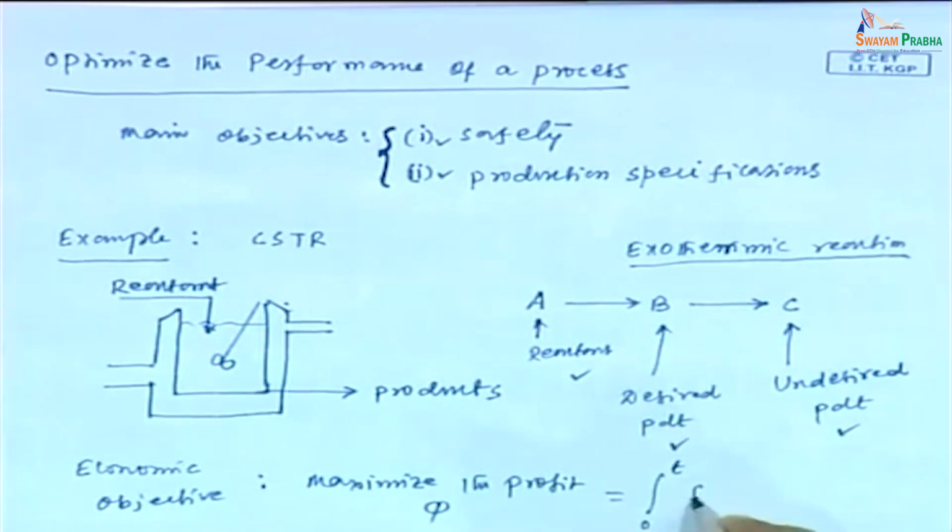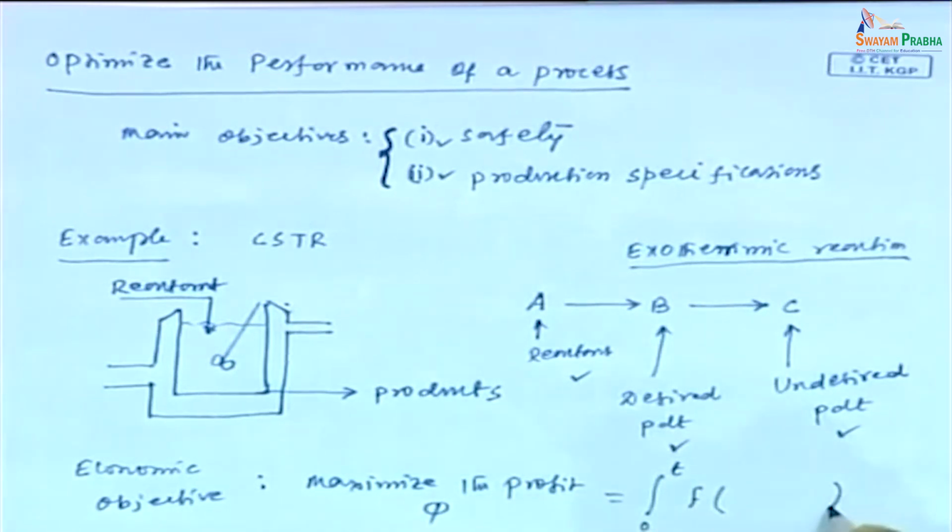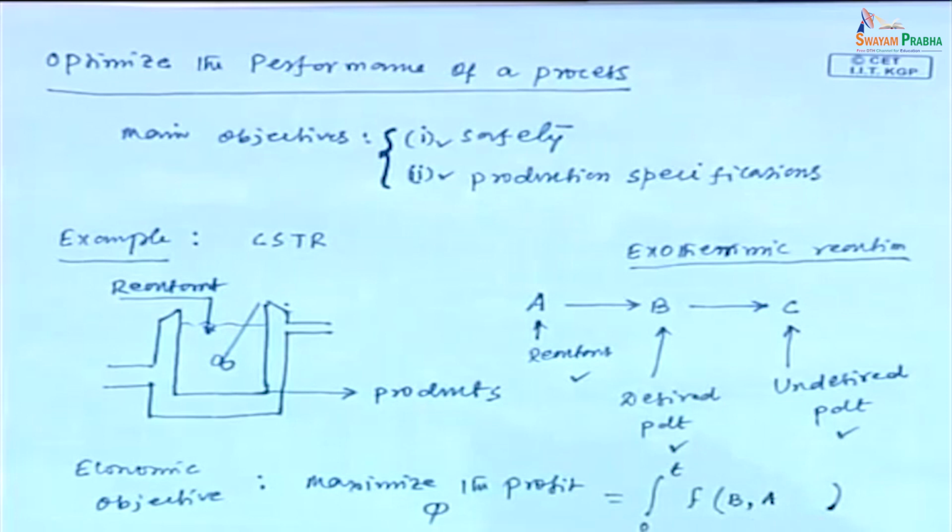The function is in terms of revenue from the sales of product B, then the cost of reactant A, and then the cost of coolant.